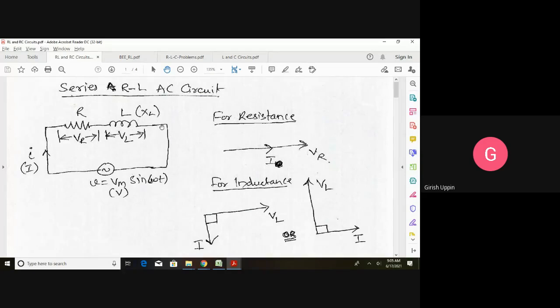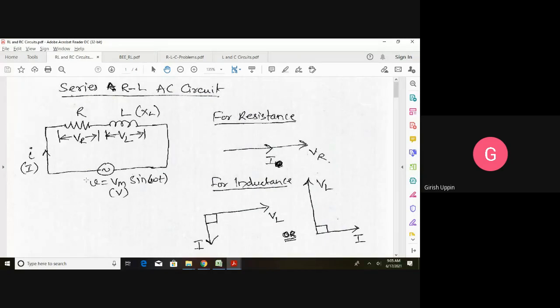This series combination is connected across a voltage source having the instantaneous value v equal to Vm sin omega t, and RMS value capital V, and this results in an instantaneous current lowercase i, or RMS value capital I, and this current will flow in this particular circuit.